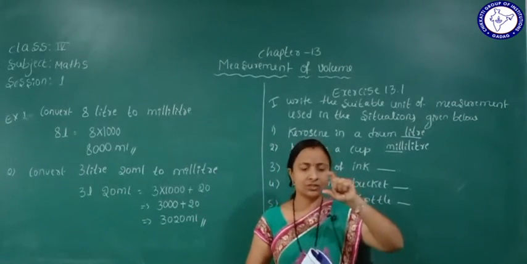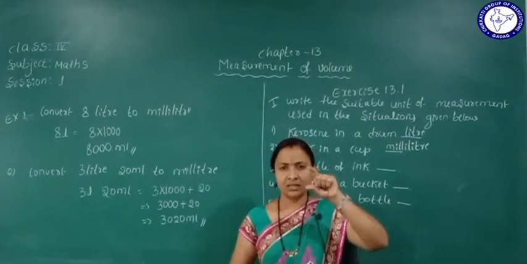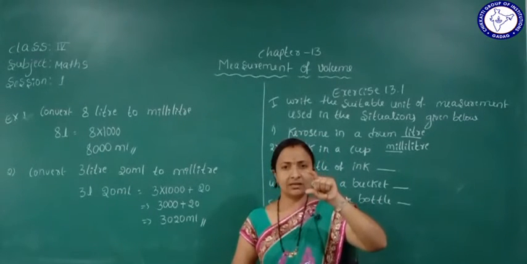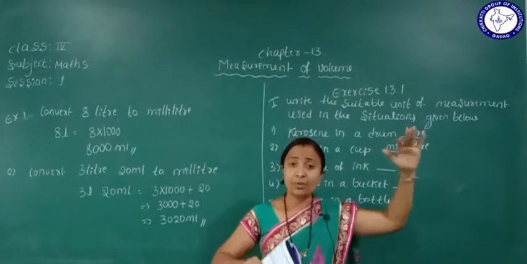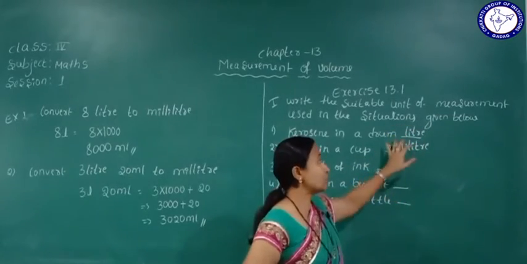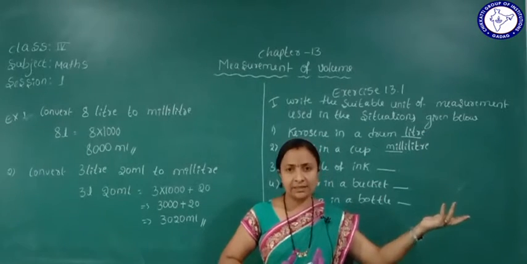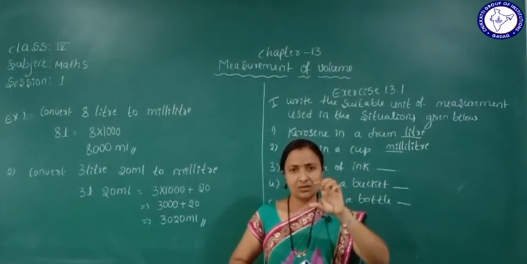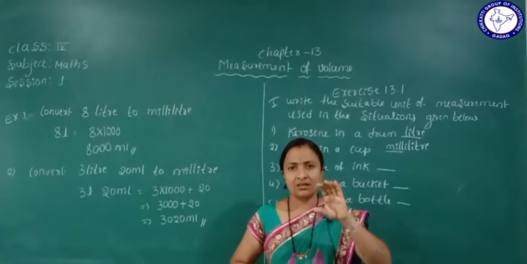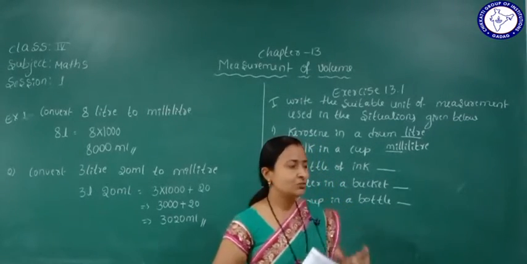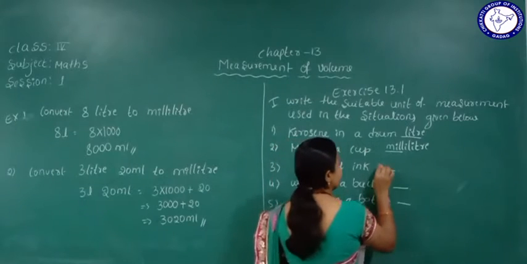That is only this much of a bottle. Do we use liter or milliliter? If it is a big thing, like kerosene in a big drum, we use liter. If the quantity is very small, we measure the volume in milliliters.